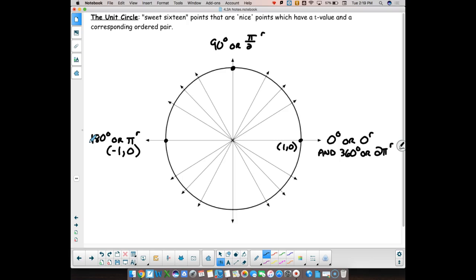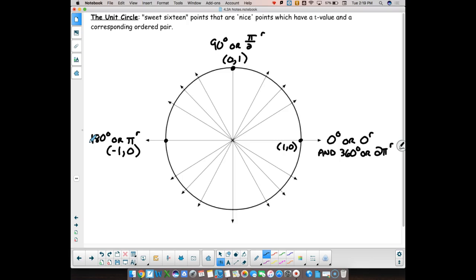And Seth, what would the coordinates be of that point? 0, 1. Three down. 13 to go.